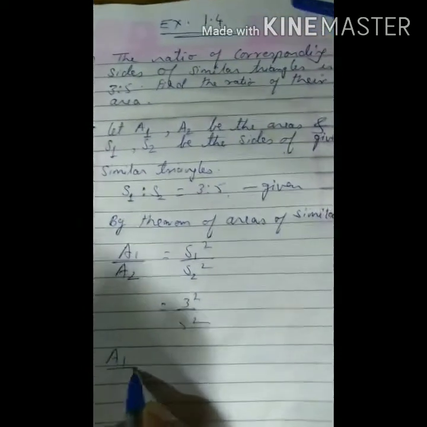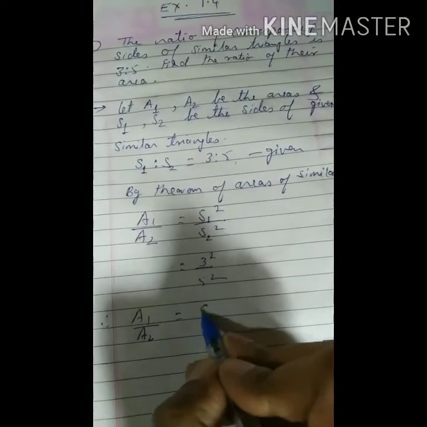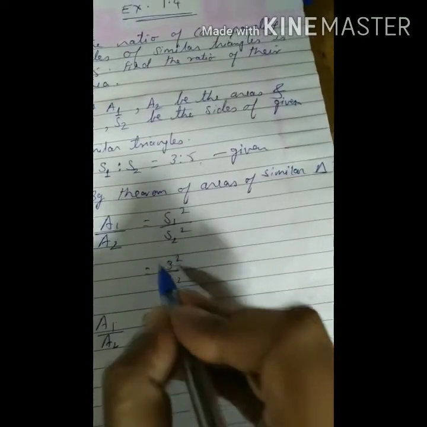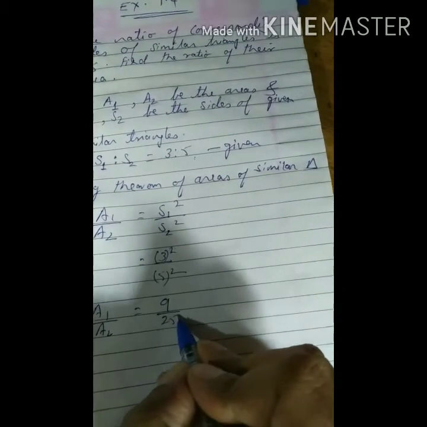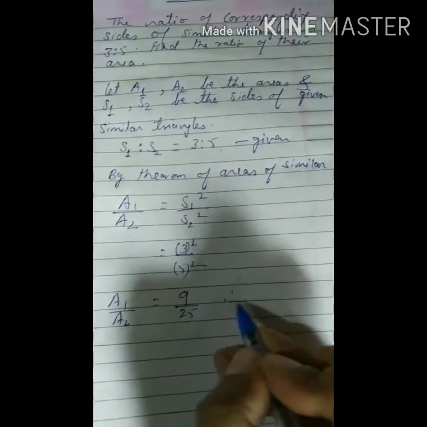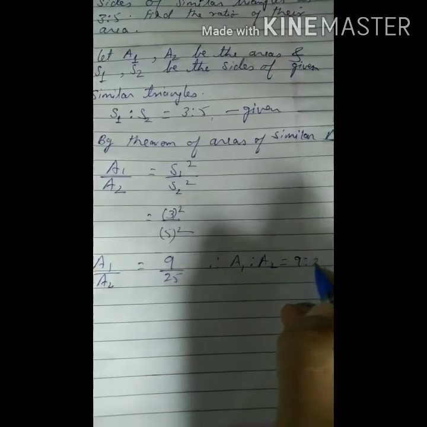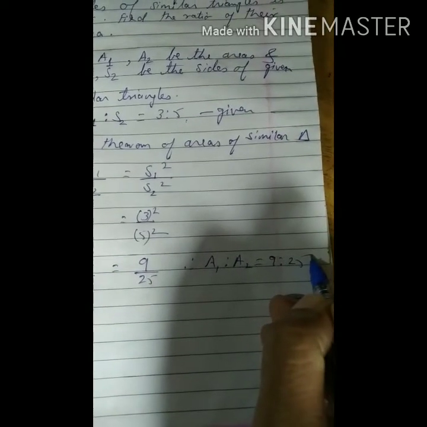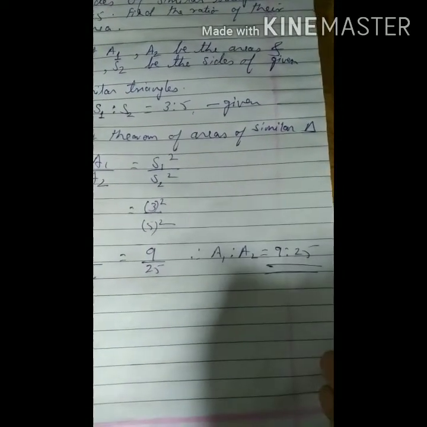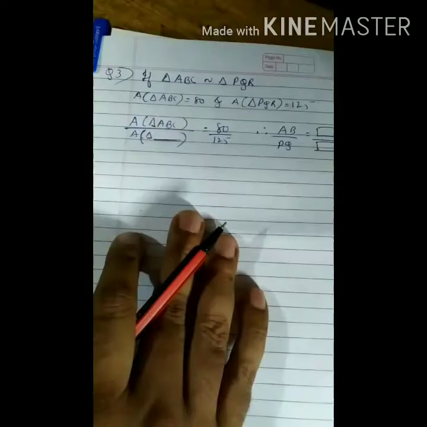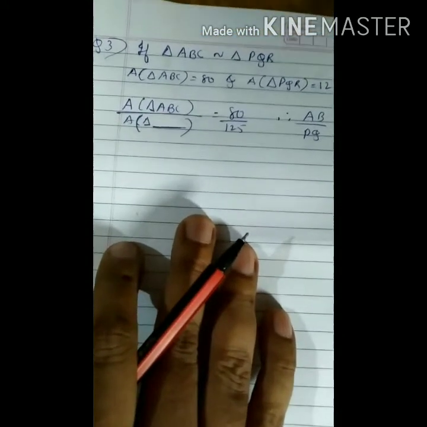Therefore A1 upon A2 will be equal to 3 square is 9 and 5 square is 25. Therefore A1 is to A2 is equal to 9:25. So the ratio of the areas is 9:25.